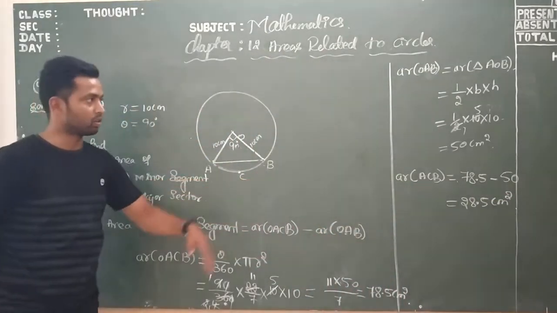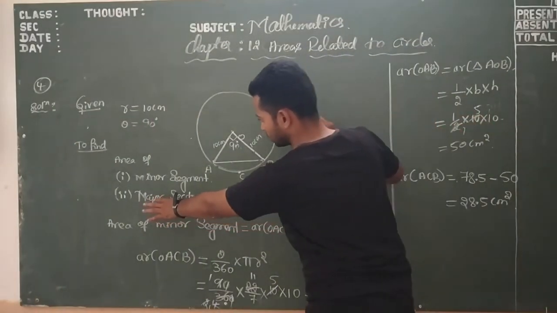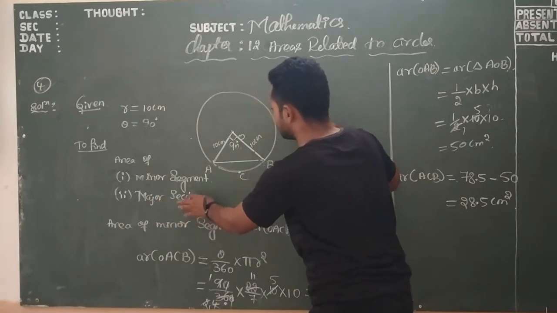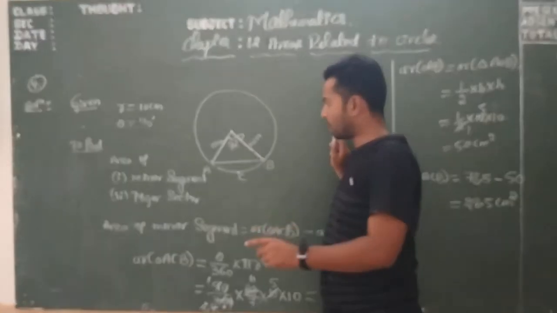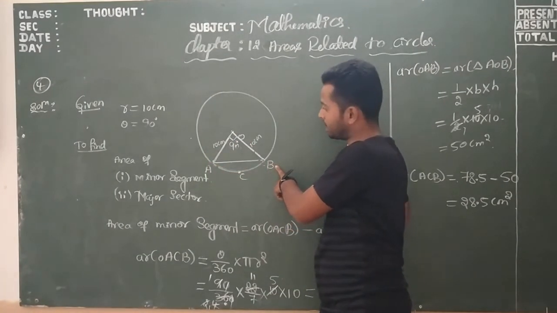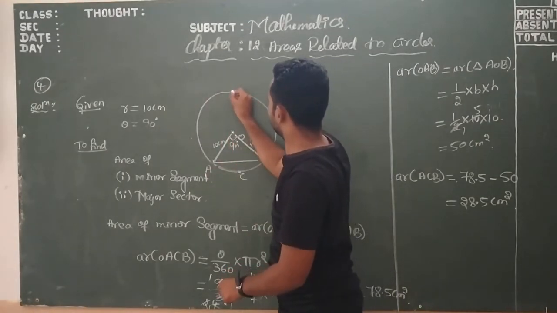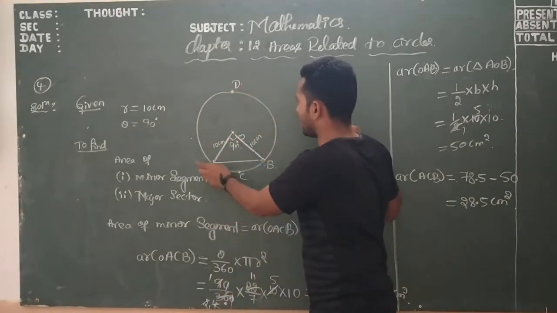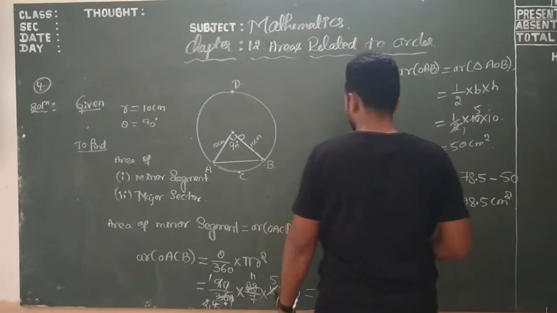So next, what is to find? The major sector. Within the circle, two sectors are formed. One sector is OACB and another sector is OADB, where this point is D. OADB is the major sector.